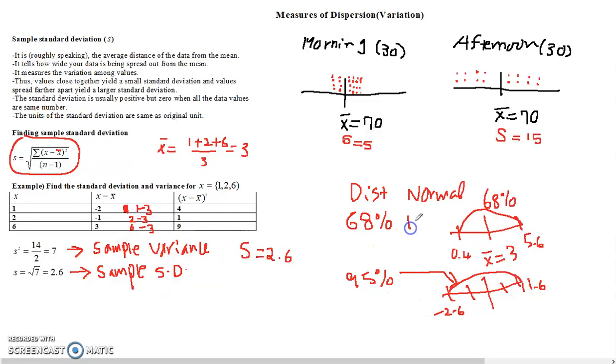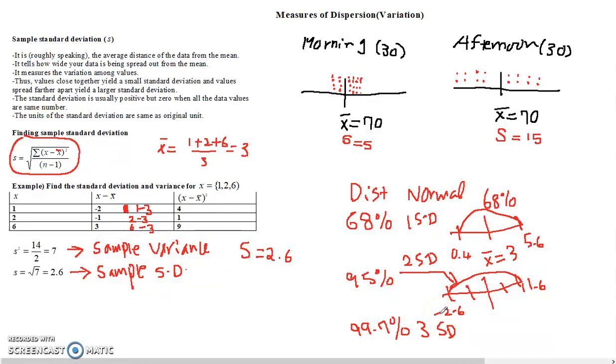There will be 1 standard deviation, and this will be 2 standard deviations. So 68% of the data will be within 1 standard deviation, and 95% of data will be within 2 standard deviations. Then after that, 99.7% will be within 3 standard deviations. So that pretty much covers all the data, right?